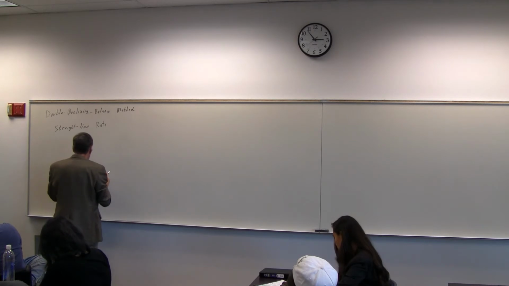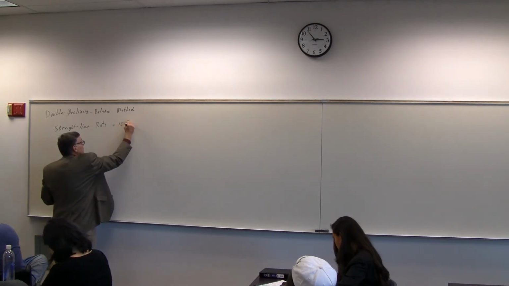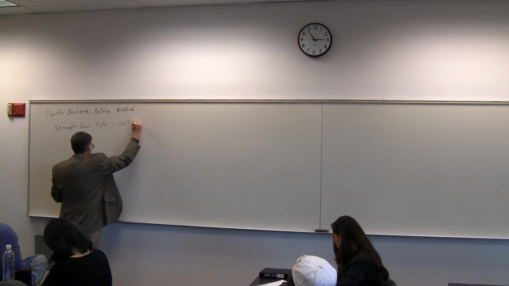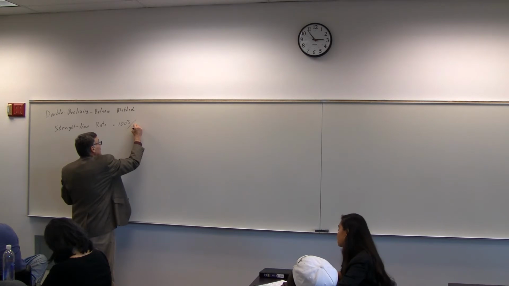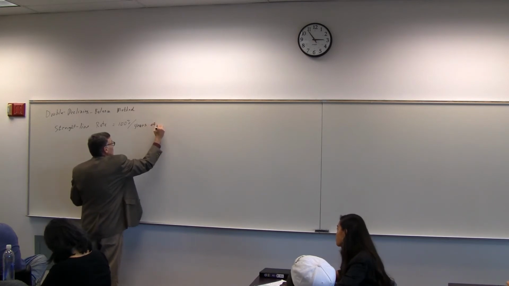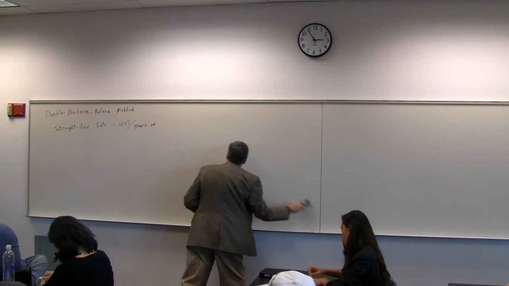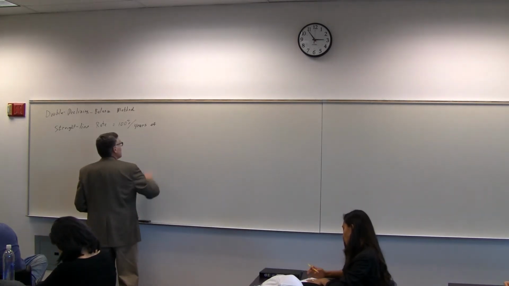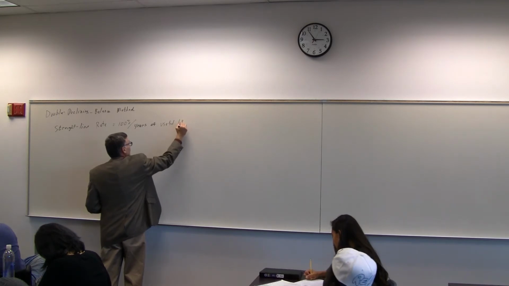The straight line rate is 100% divided by the years of useful life.